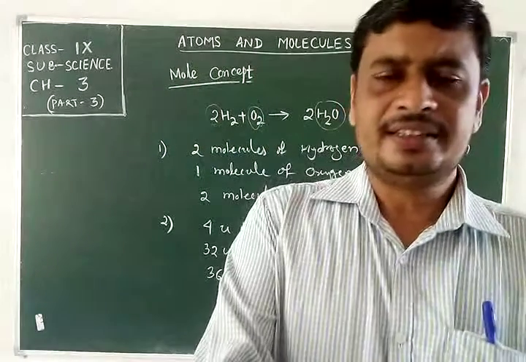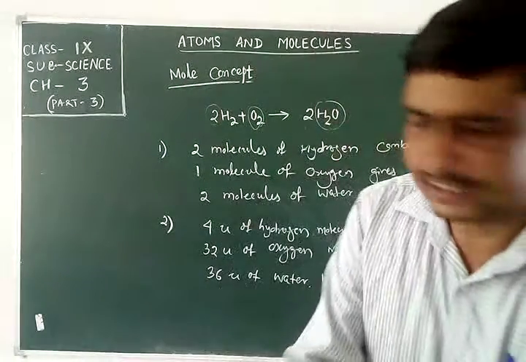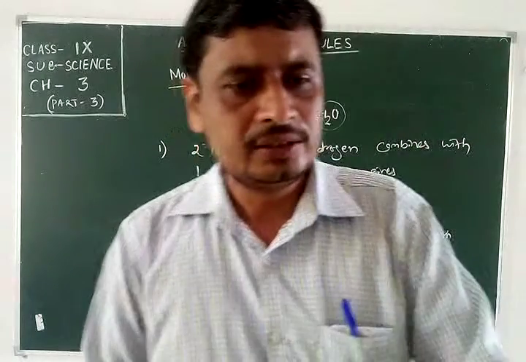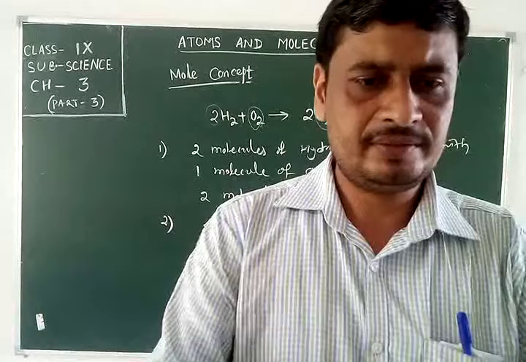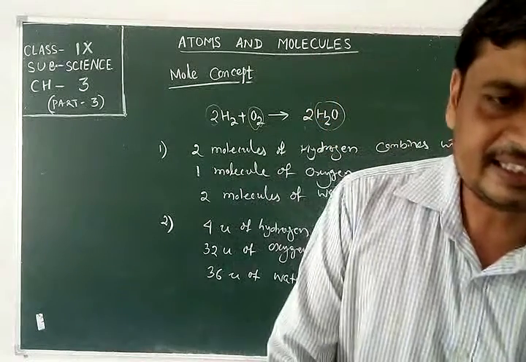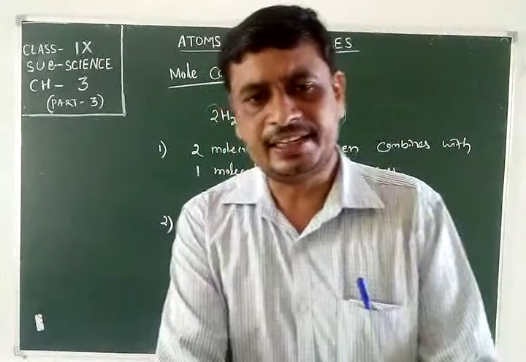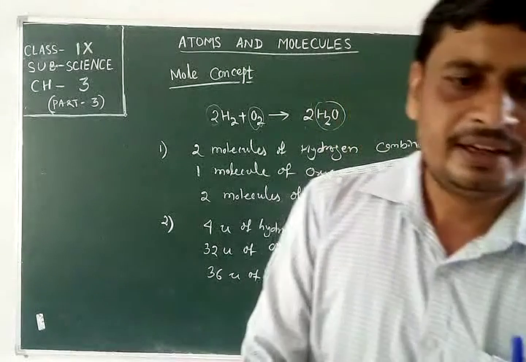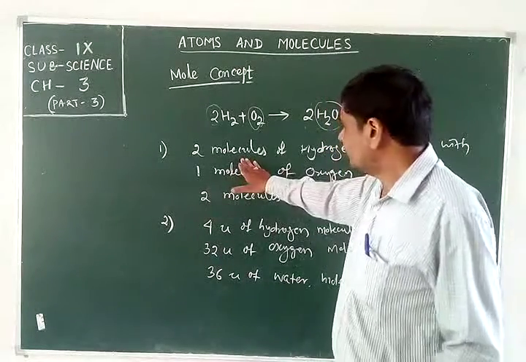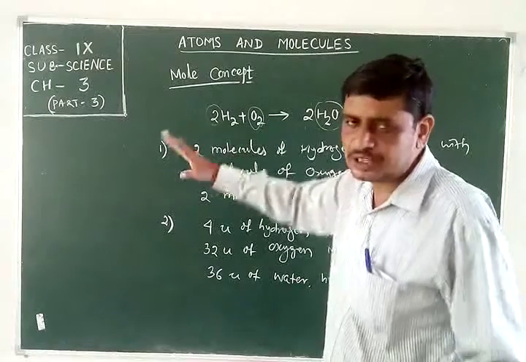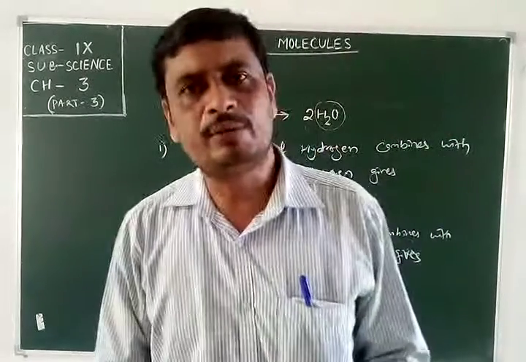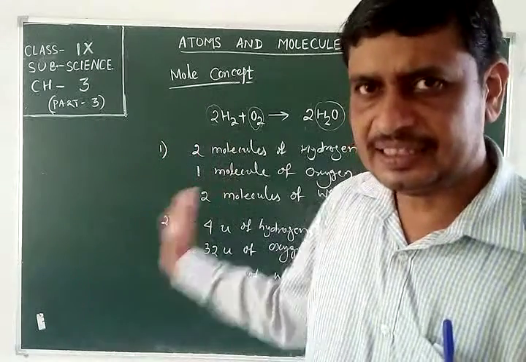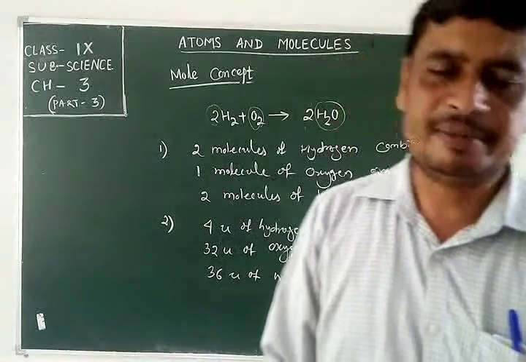These two things are indicated by this equation. Here the chemical reaction indicates directly the number of atoms or molecules taking part in the reaction, like in the first case, it shows the number of atoms or molecules which take part in this chemical reaction.